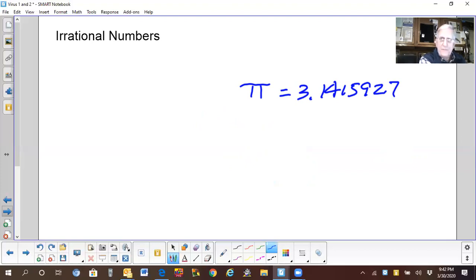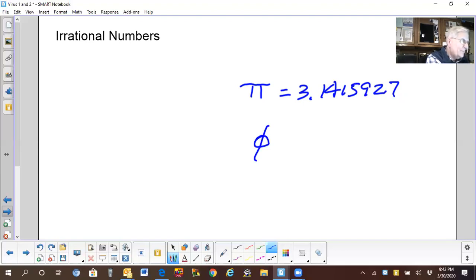If it did repeat as a decimal, we could turn pi into a fraction, okay? And so therefore it would be rational because it would be the quotient of 2 integers. Pi does not have that characteristic. Neither does phi.